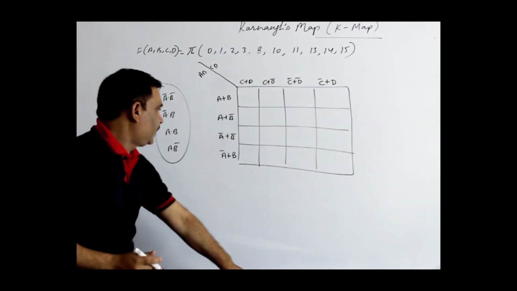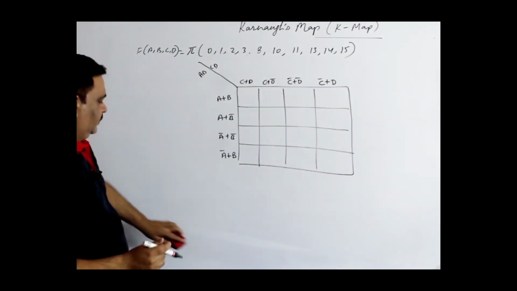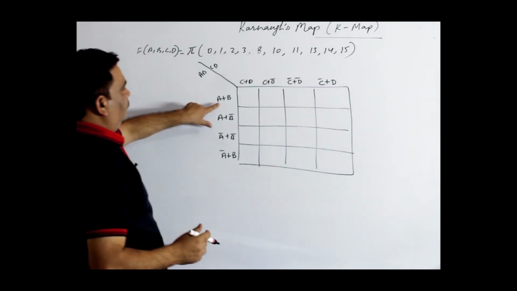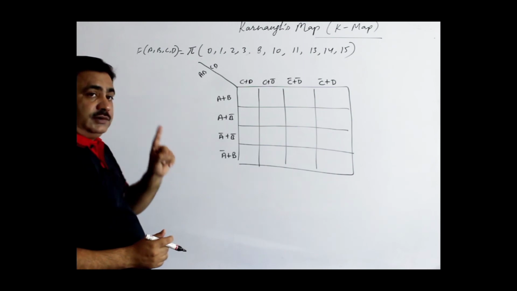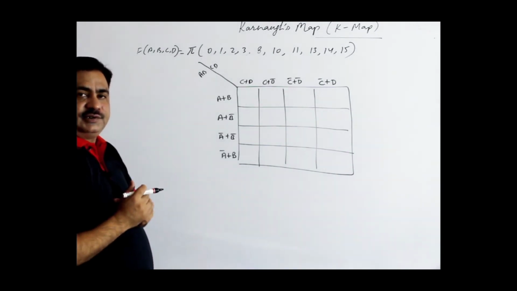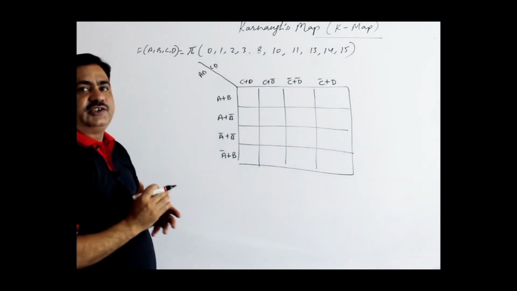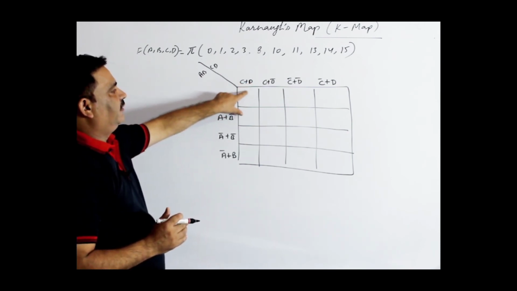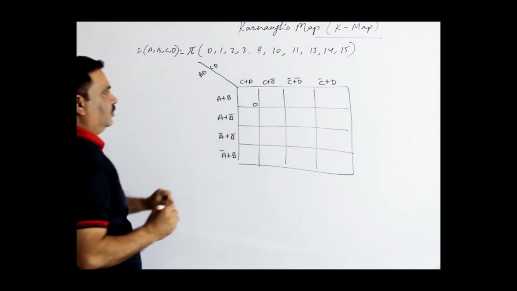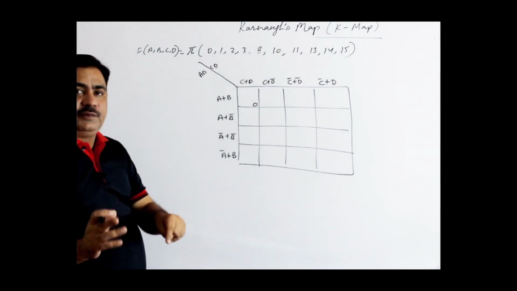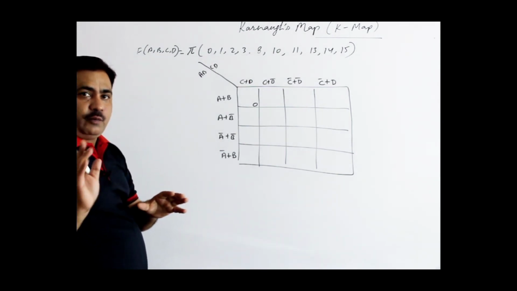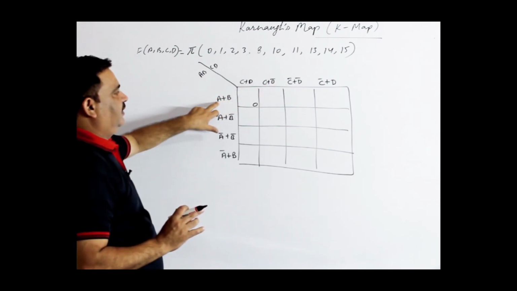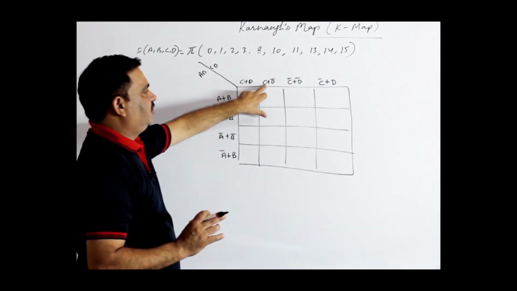Here it is just the complement of the SOP. In AB, the non-complement terms are considered as 0 and the complement terms are denoted by 1. For A, B, C, D: here A 0, B 0, C 0, but D 1.